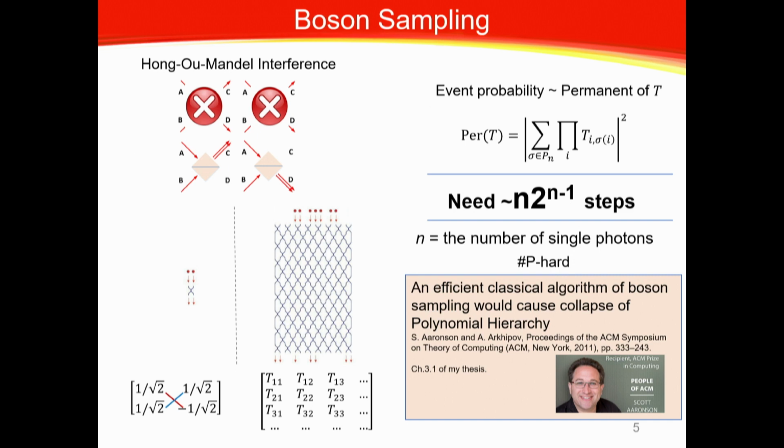And the classical complexity to calculate this quantity called permanent scales exponentially with the number of single photons. And there are also theoretical arguments from Scott Aaronson that the sampling problem itself is also hard. So not just calculating the quantity, but also sampling from this distribution is hard. And that's the problem of boson sampling.